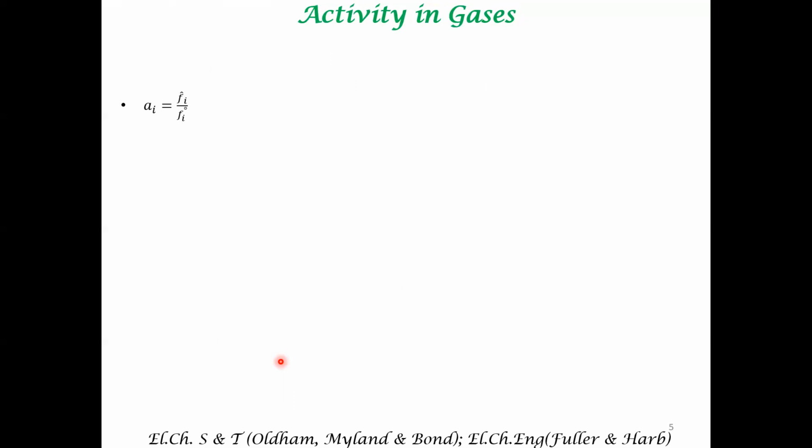Let's look at a concrete example of activity in gases. As I said, this is the activity of a chemical species i, the fugacity of that species, and the fugacity of that species in the pure state. The fugacity of that species is a product of three quantities. This is the fugacity coefficient. This is the mole fraction of the species in the gas phase, times the total pressure.